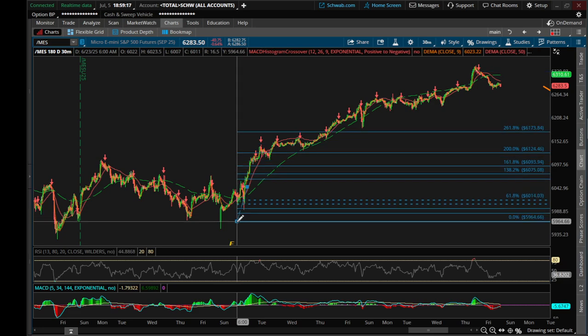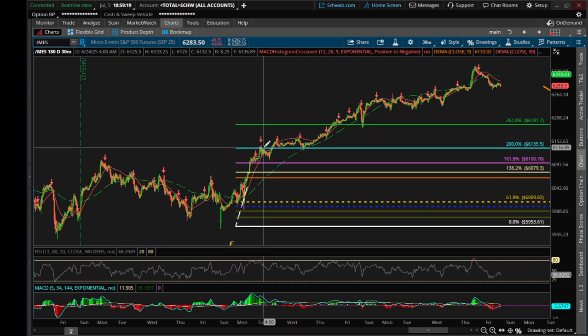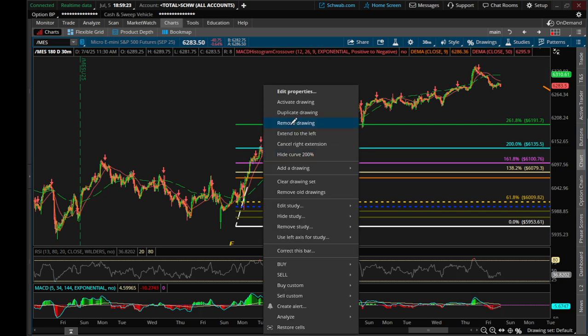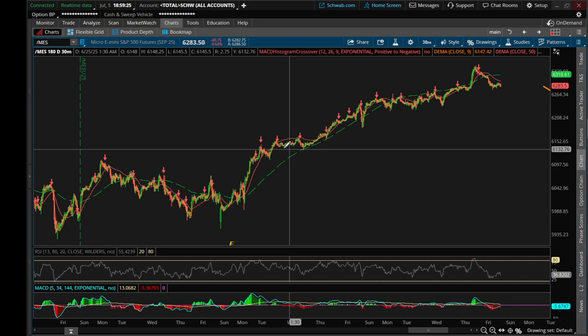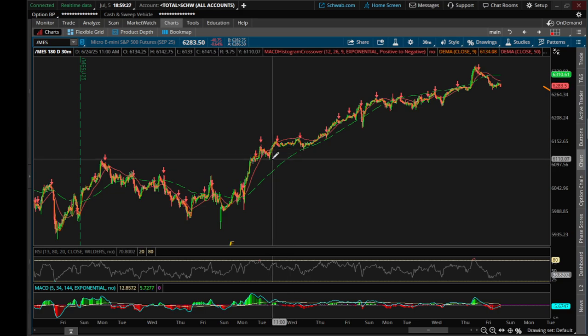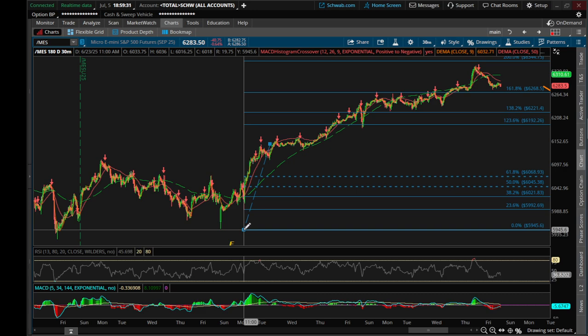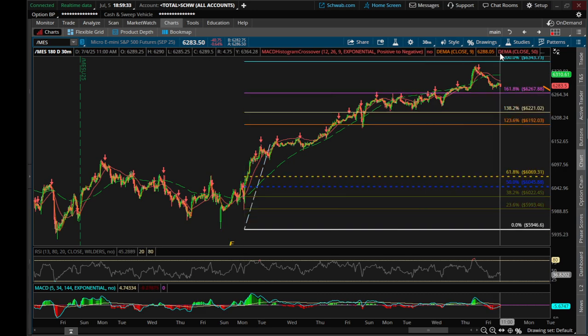I didn't even measure this yet. So blue, we hit the 200. That looks like it's my first leg. Okay, 200 on both of them.